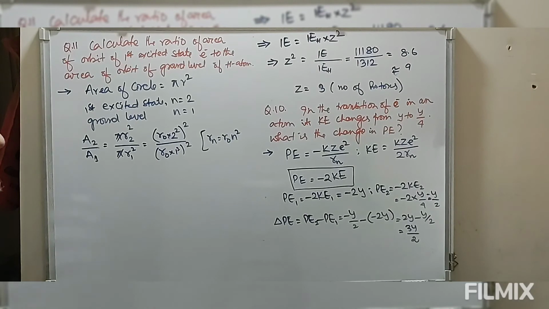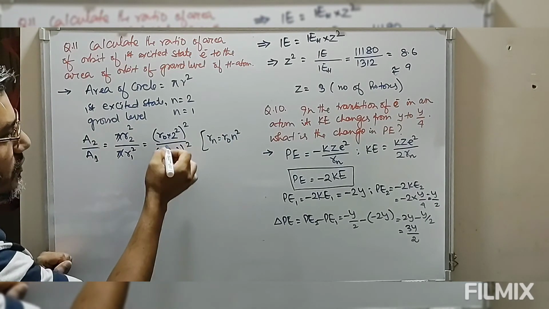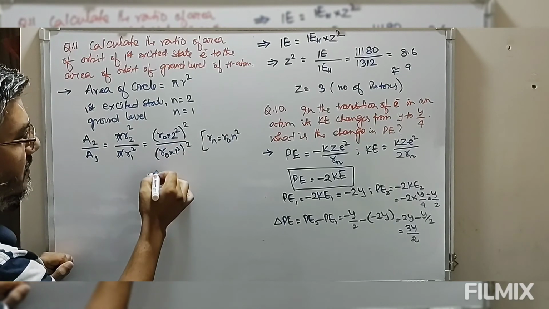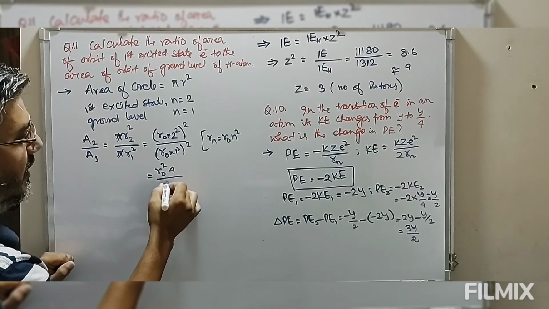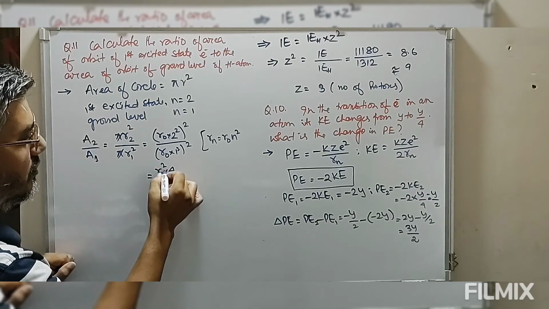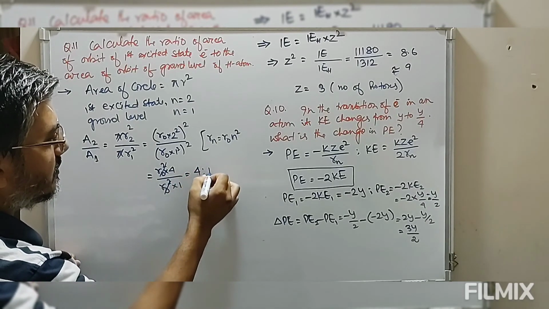So r0 cancels out, and we have r0 square times 4 divided by r0 square times 1, so we have a 4:1 ratio.